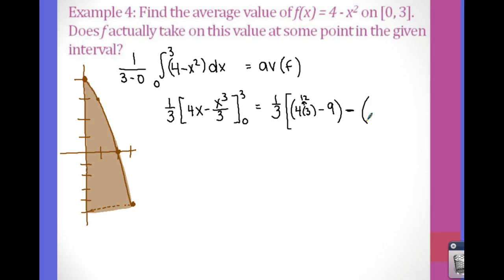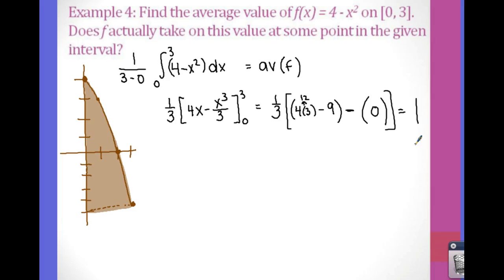Well, 0, 0. So you get 0. So 12 minus 9 is 3. 3 minus 0 is 3. 3 times 1/3 is 1. So again, this 1 right here represents the average value of the function from 0 to 3.